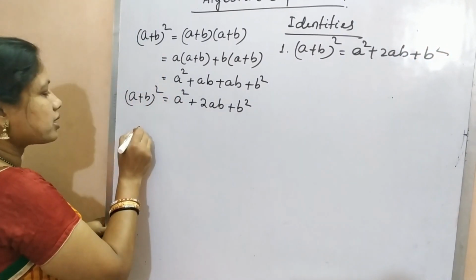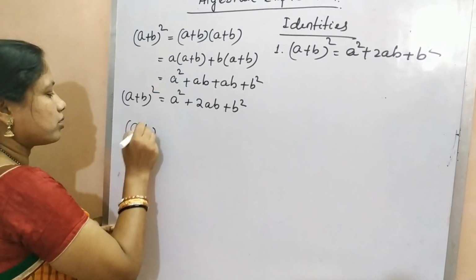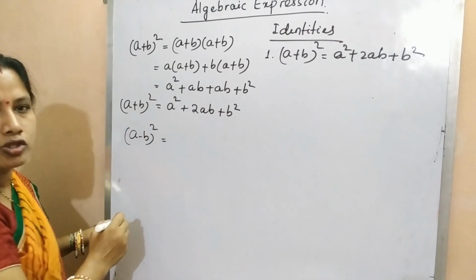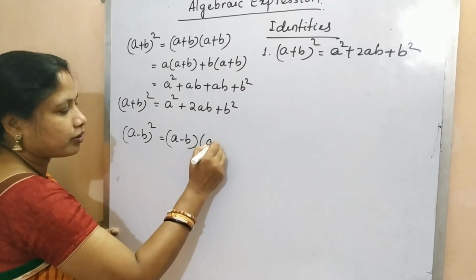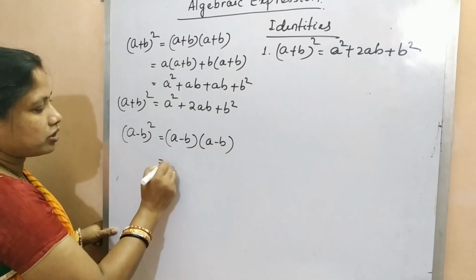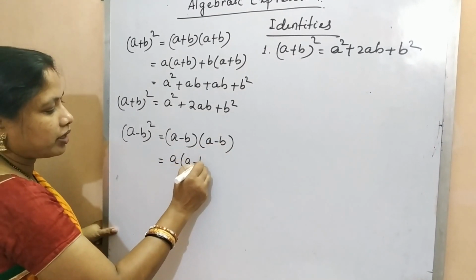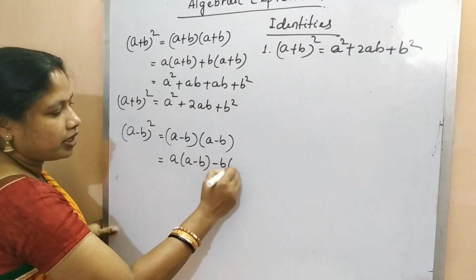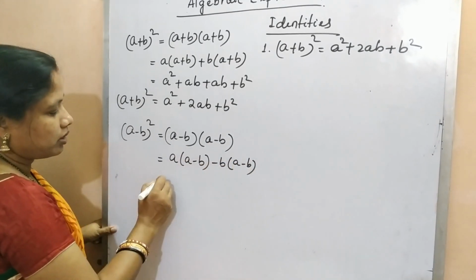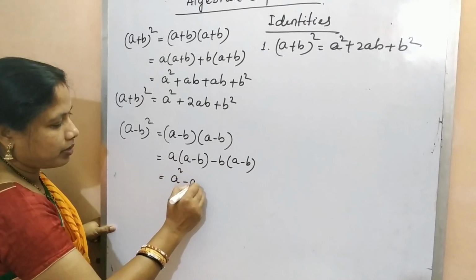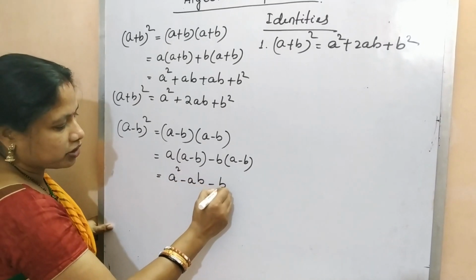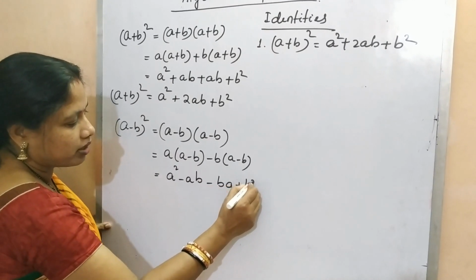Then come to what is (a - b) whole square. So (a - b) whole square is equal to (a - b) multiplied with (a - b). So this is equal to a multiplied with (a - b) minus b multiplied with (a - b). So this is equal to a square minus ab, then minus ba plus b square.